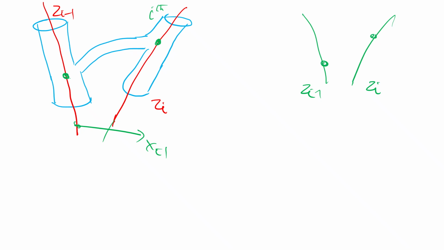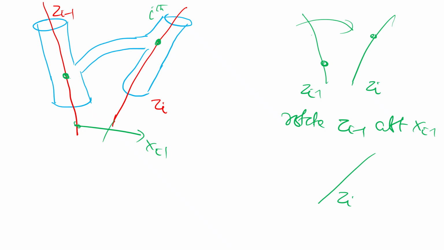First I have to rotate zi minus 1 about xi minus 1. How does it look now?